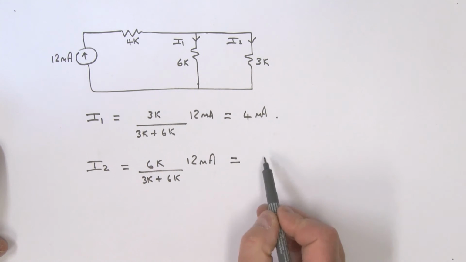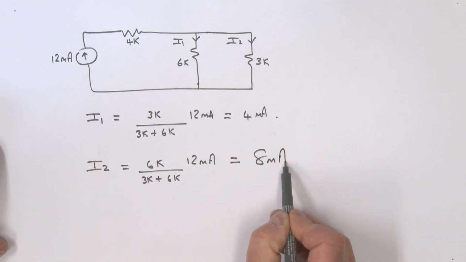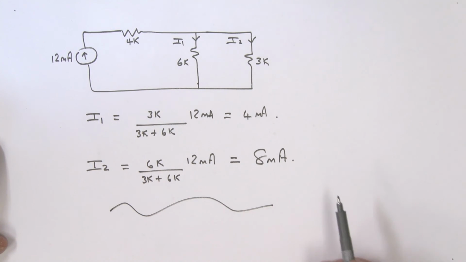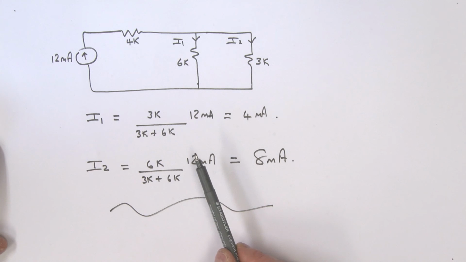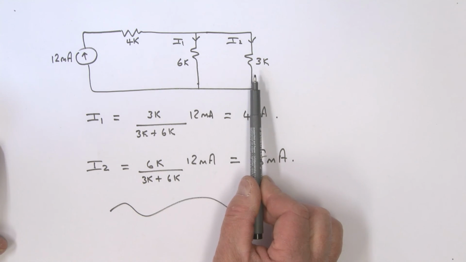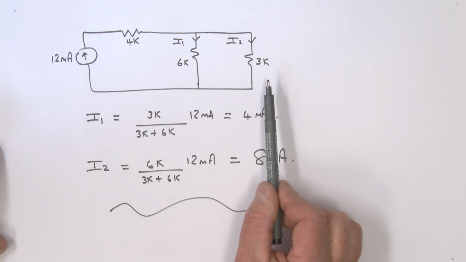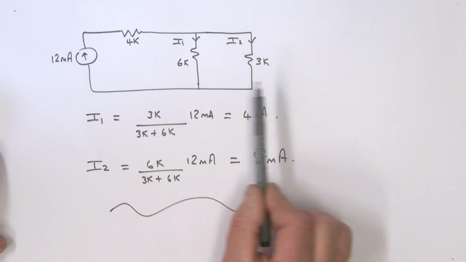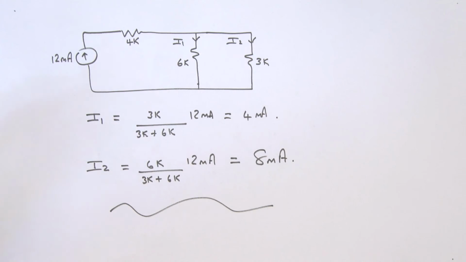And of course, that is equal to 8 milliamps, okay? So, a very useful expression to remember when you're dealing with two resistors in parallel. Any more than two in parallel, resort to a first principle approach.